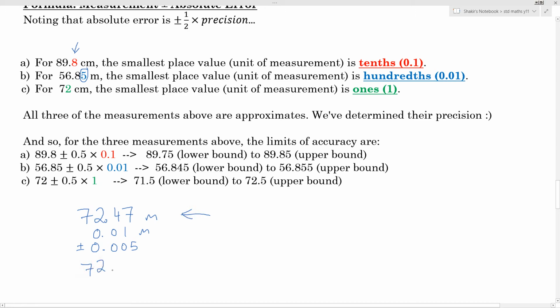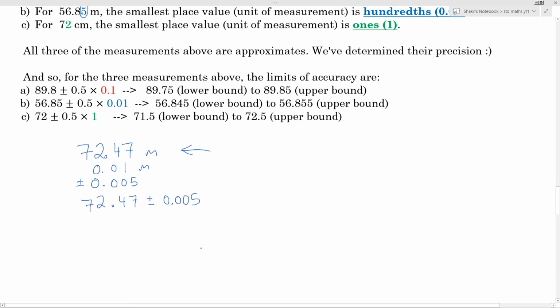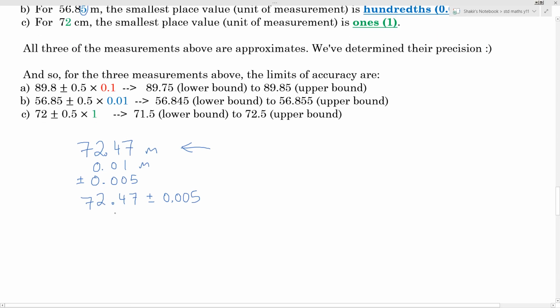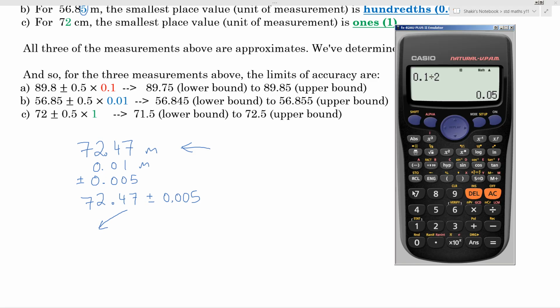And the limit of accuracy of this measurement is going to be 72.47, plus or minus 0.005. And that will give us the range of values. So on the lower end, it could be as small as, and we can certainly use a calculator here, 72.47 minus 0.005.